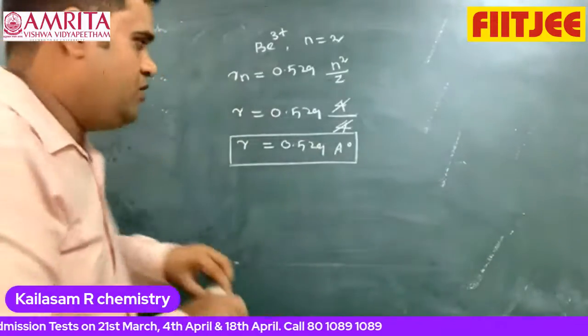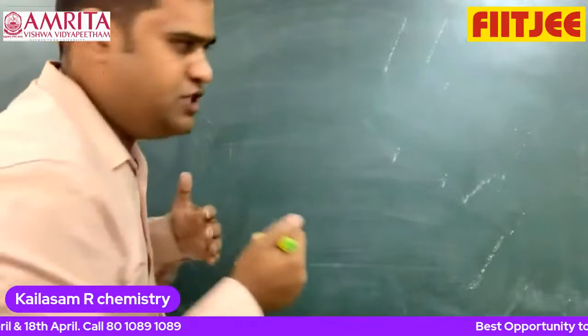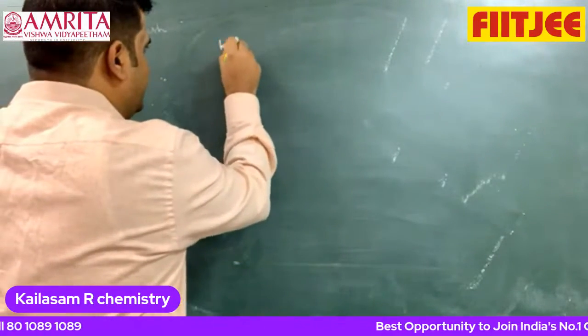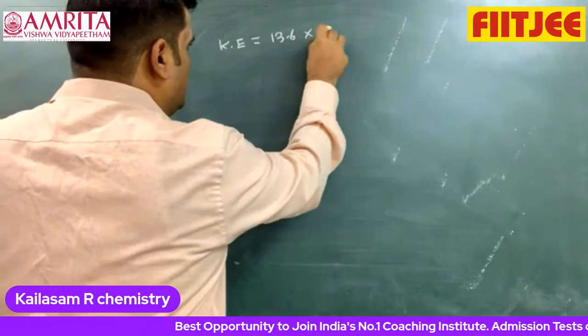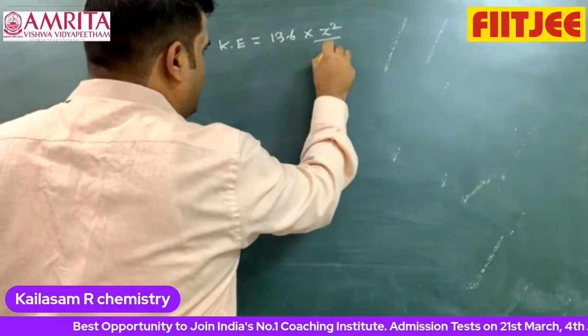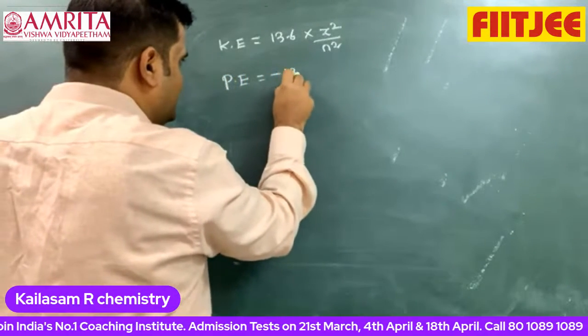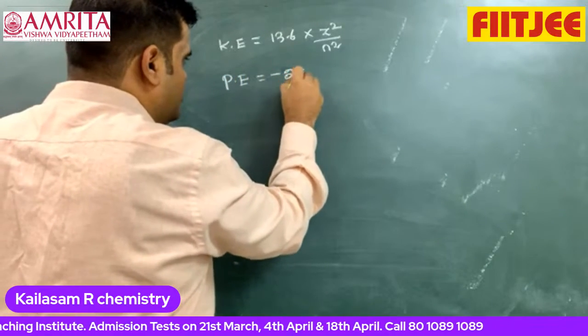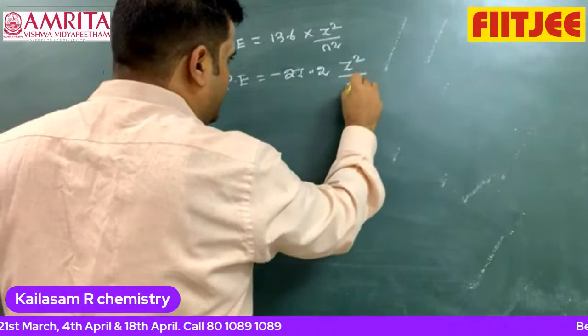Next one I want to go with. Now I have given the derivation. What is the kinetic energy? I can write that E is equal to 13.6 into Z squared by N squared. Now what is potential energy? I can write minus 27.2 Z squared by N squared.